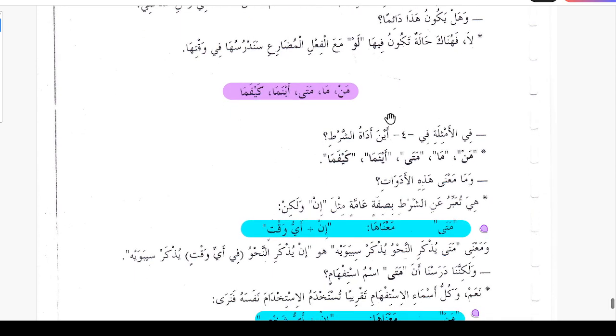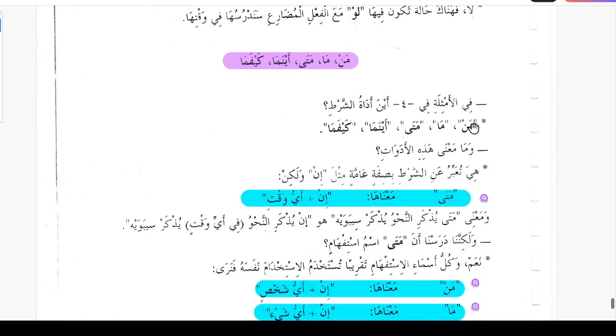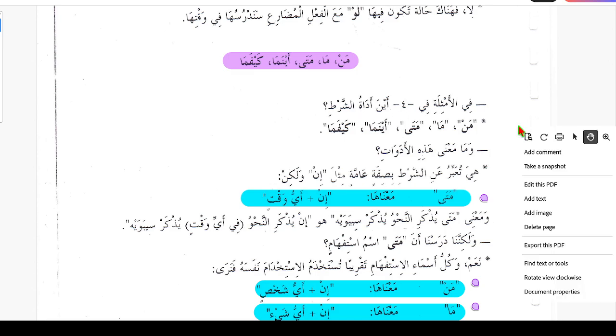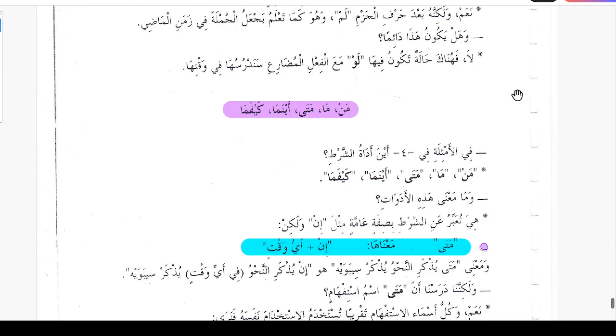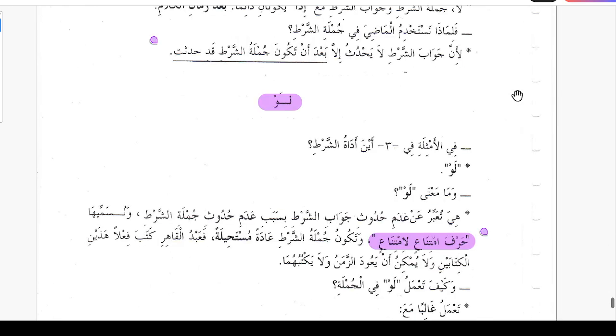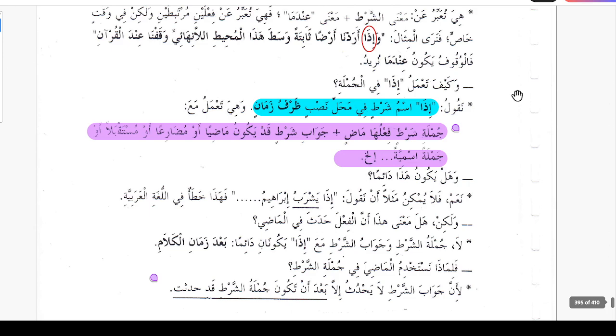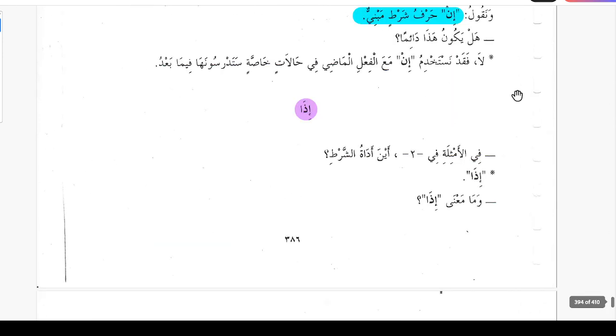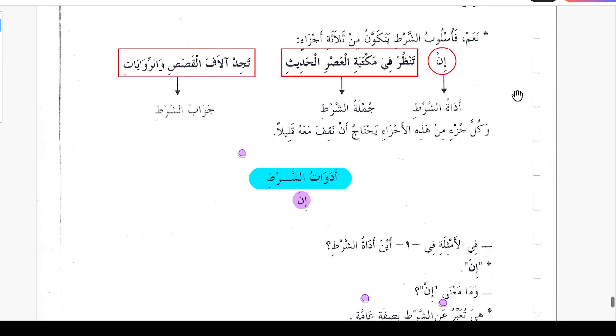Okay, now there are other tools: man, ma, mata, aina ma, kaifa ma. In example number 4, where is the tool of the condition?